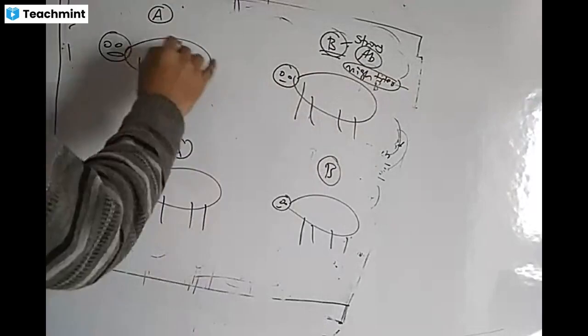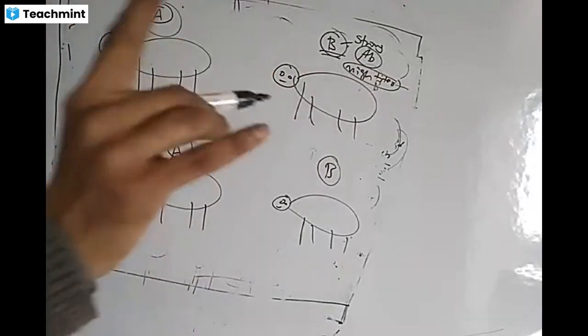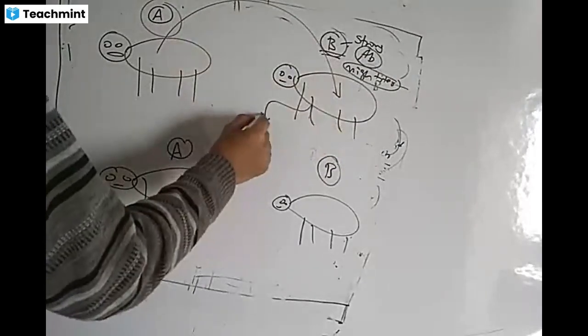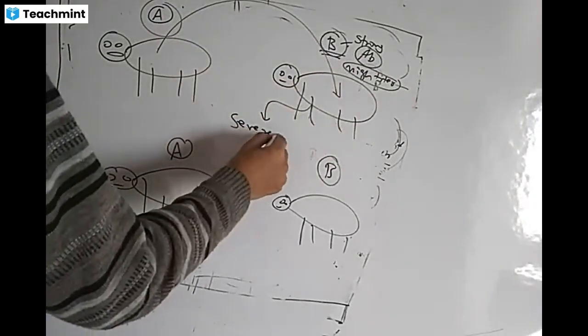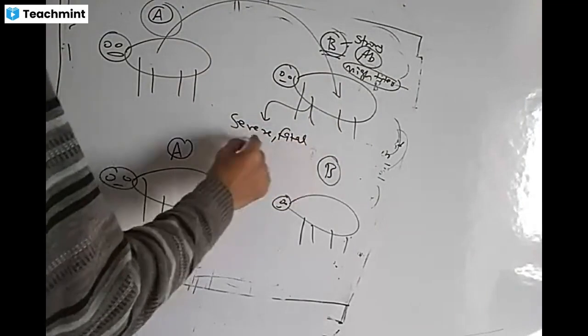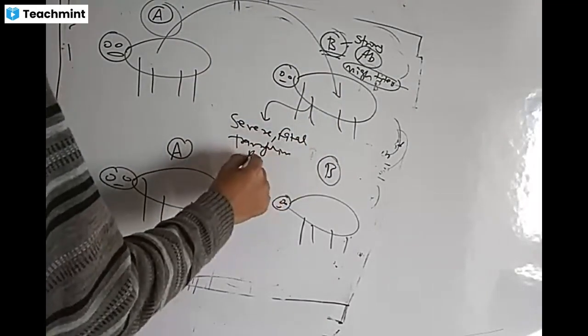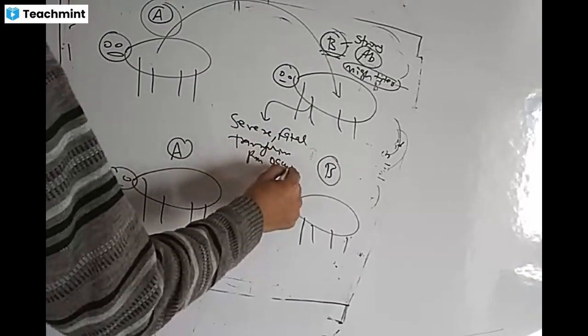So if the blood of group A cat is transfused to the B, then severe fatal transfusion reaction will occur.